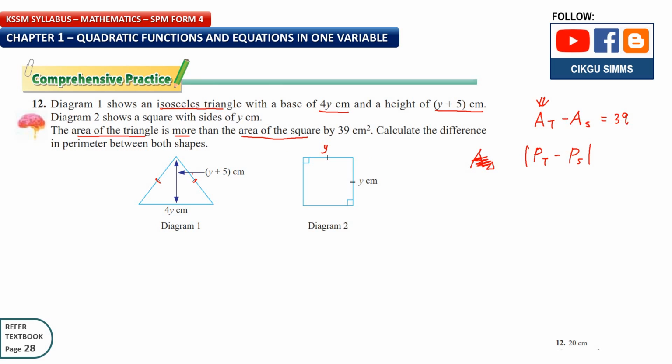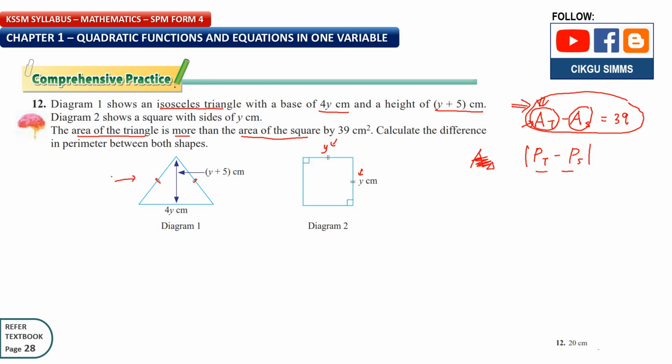Okay, so we need to find the area of the triangle, and then we need to find the area of the square, and then we will make one equation using this, to find the value of y. We need to know the value of y before we can solve for the perimeter. So this is the relationship that we know. So we can find the area of the triangle first, and then find the equation for the area of the square.